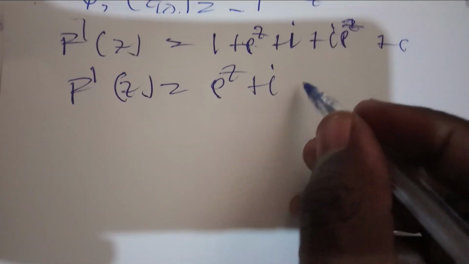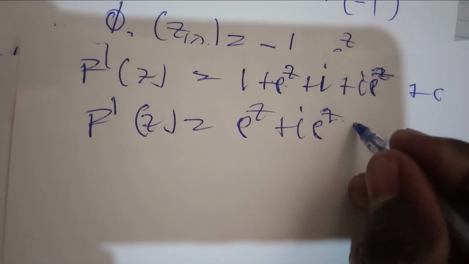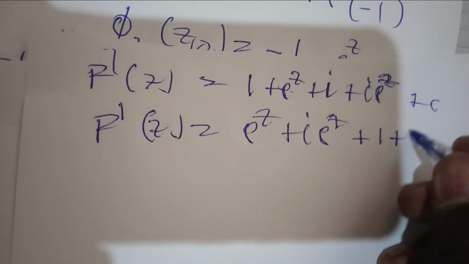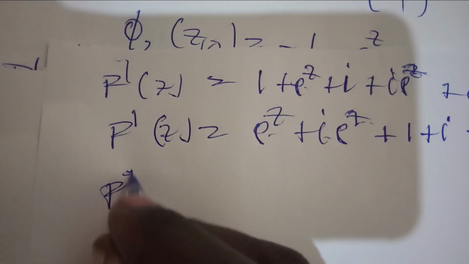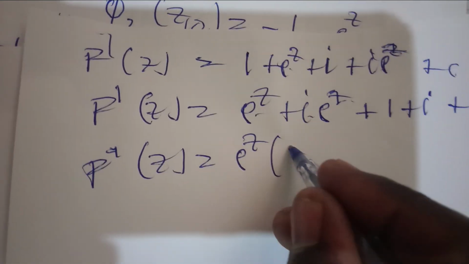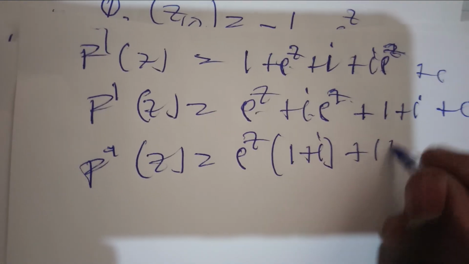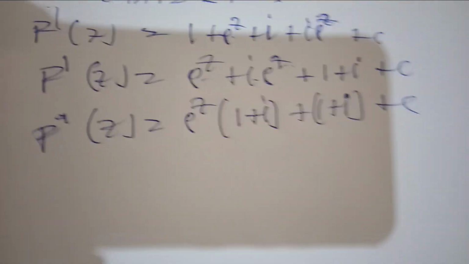We have i e to power z plus e to power z, 1 plus i, plus c. So we can factorize, which is e to power z, 1 plus i, plus c.